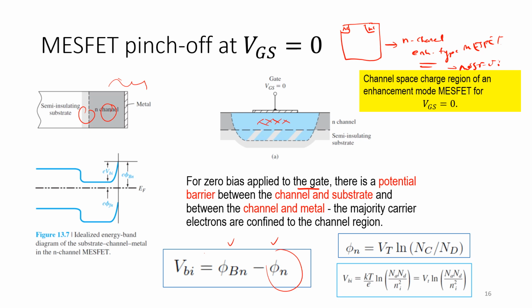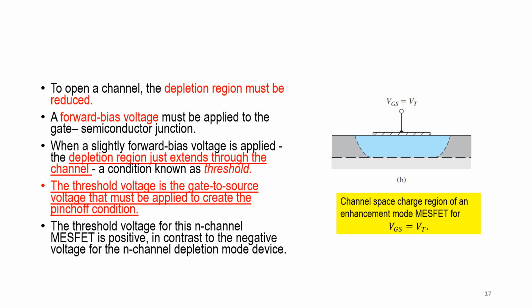VBI is also equal to kT over e ln Na Nd over ni squared, which is Vt ln Na Nd over ni squared. Here Vt is the thermal voltage, while VT is the threshold voltage.